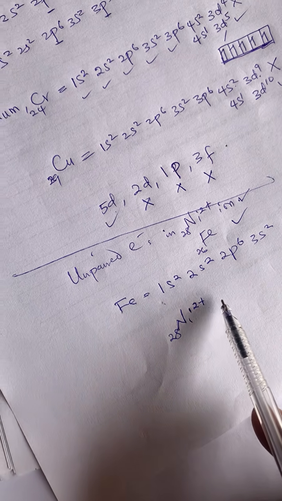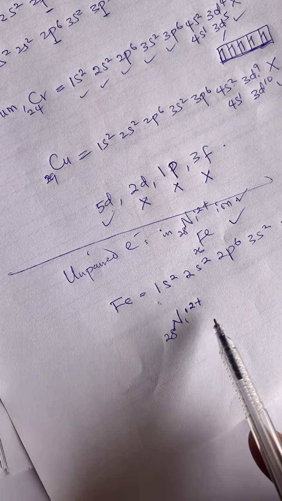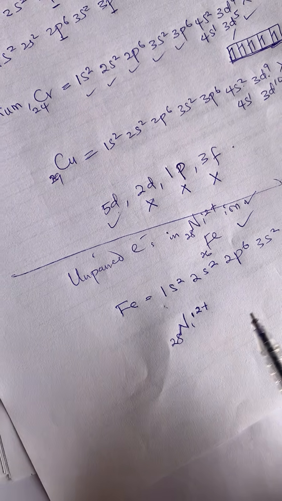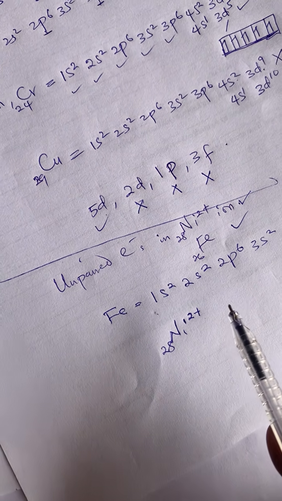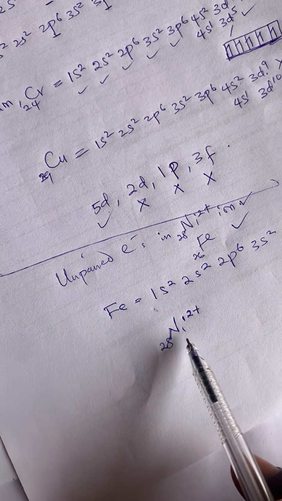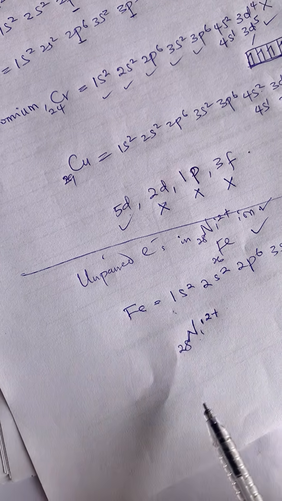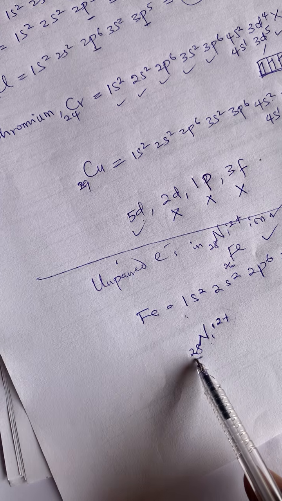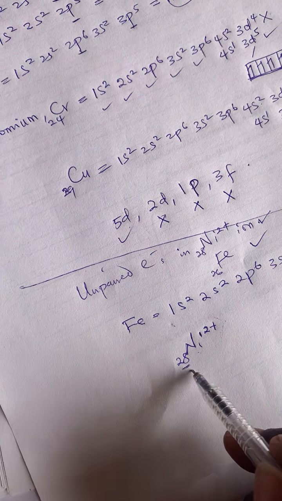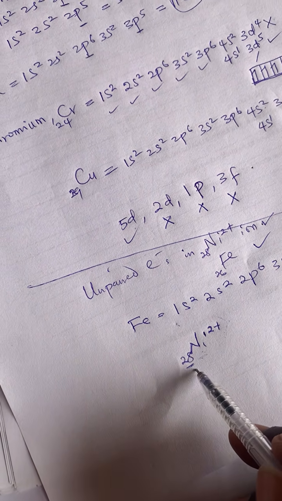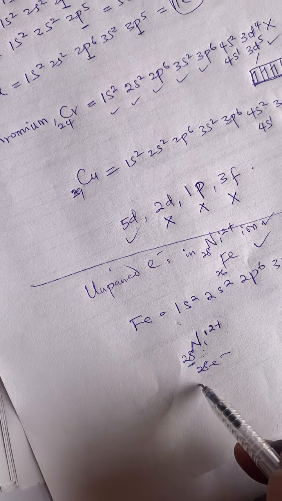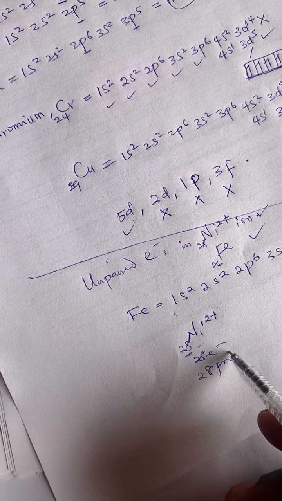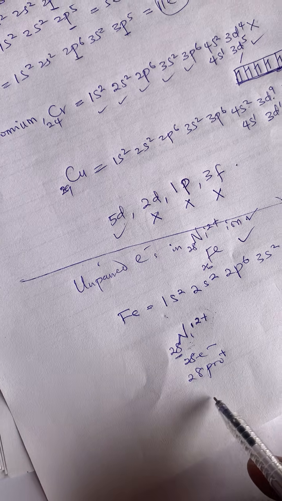Remember, you form positive ions by loss of electrons, and you form negative ions by gain of electrons. A nickel atom will have 28 electrons and 28 protons, protons positive and electrons negative.